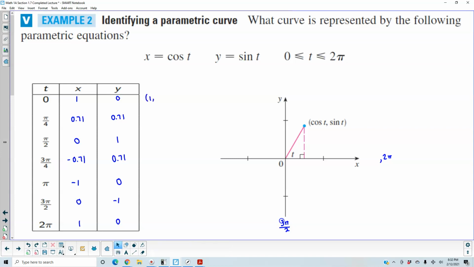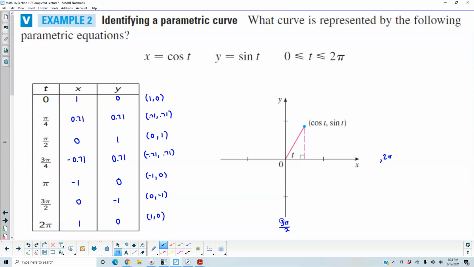Okay, so now we're going to rewrite our ordered pairs. So we have 1, 0; 0.71, 0.71; 0, 1; negative 0.71, 0.71; negative 1, 0; 0, negative 1; and then 1, 0.